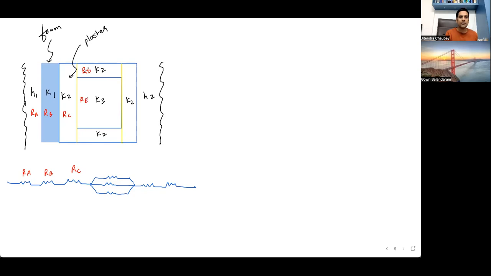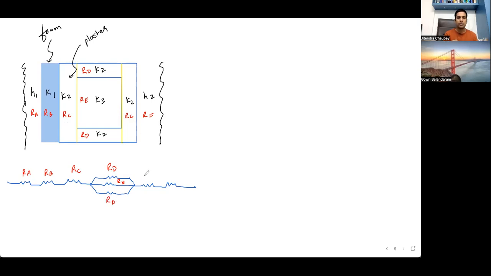These two would be the same. This part and this two part: the material is also same, thickness is also same, length is also same. So you can simply name them as RD only. This RC and this would be the same, so you can name it as RC only. And now this will be your RF. So this is like RA, RB, RC in series. Then RD, and then RE, and again RD.